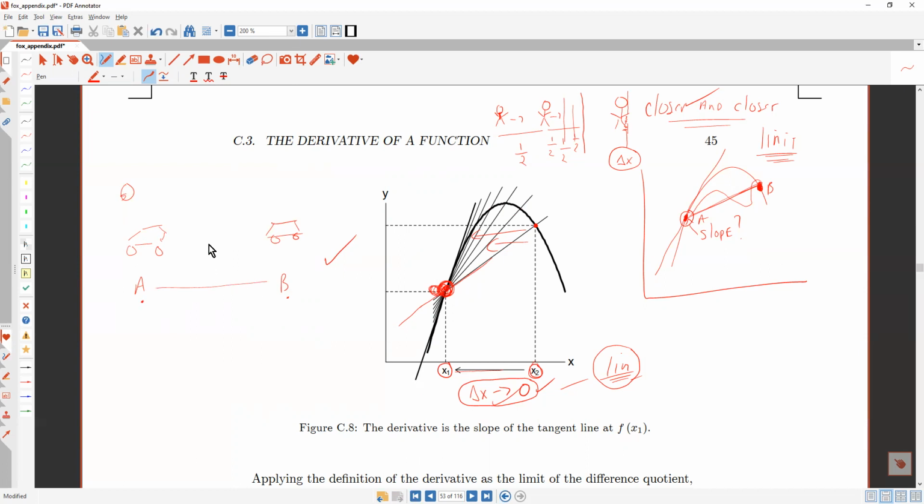What if we ask this question at this particular point, right here? So on your journey, you're going along, at this particular instant, right? At this particular instant, how fast are you going, right? How fast are you going right here? How fast?